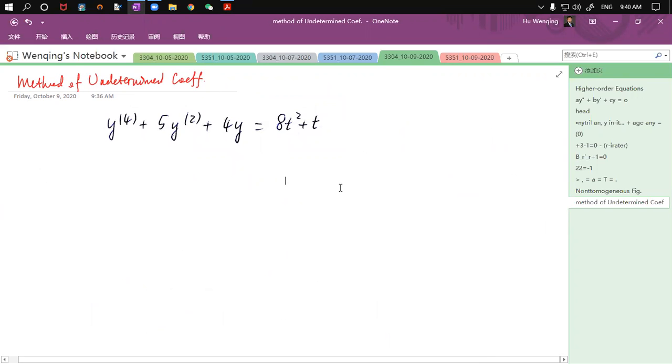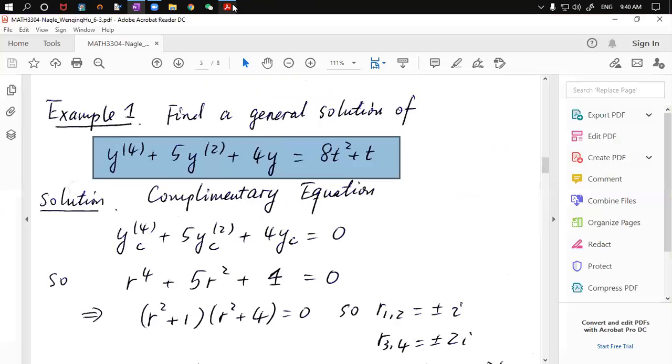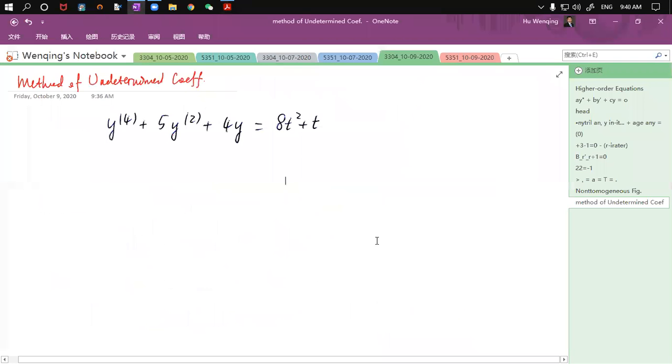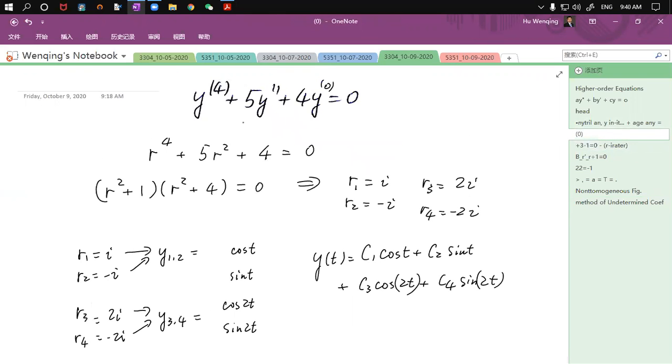How are we going to do that? Well, the idea here is that we're going to consider the characteristic equation first: r to the power 4 plus 5 times r squared plus 4 is equal to 0. This is actually the equation that we've been considering before. This example was this one, so we already constructed its fundamental solutions.